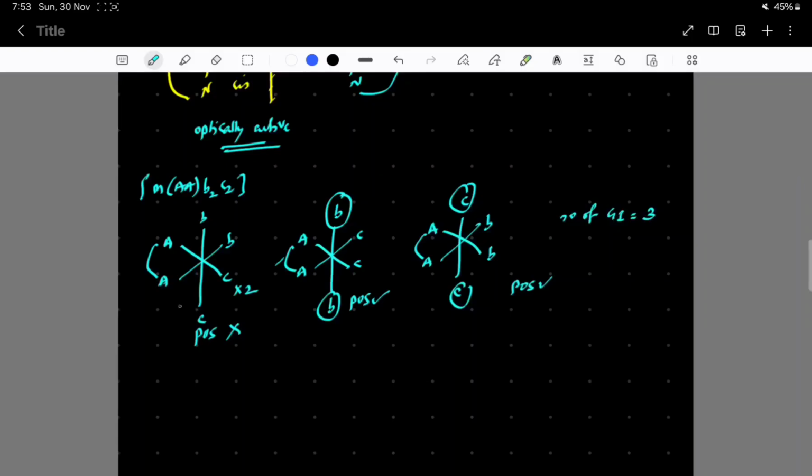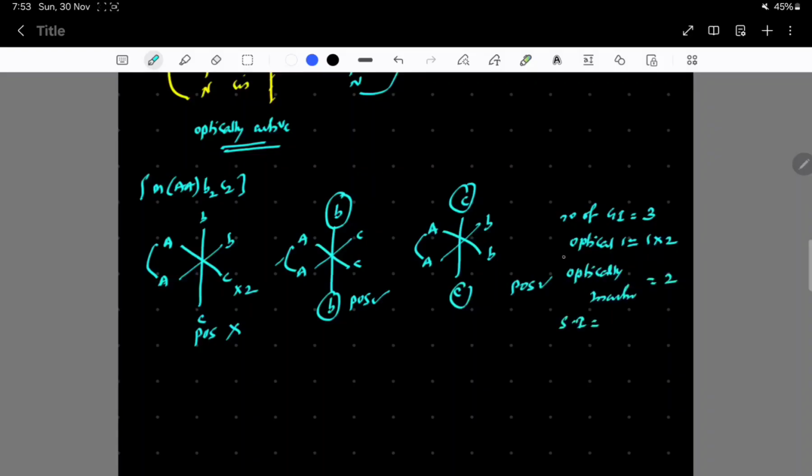Now look at this, from this I am getting the mirror images, right? Now optical isomers, I can write 1 into 2 only. Accept or not? Now the number of optically inactive isomers I can write is 2. Now how many stereoisomers are present?